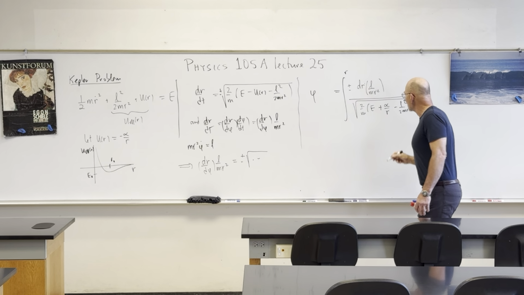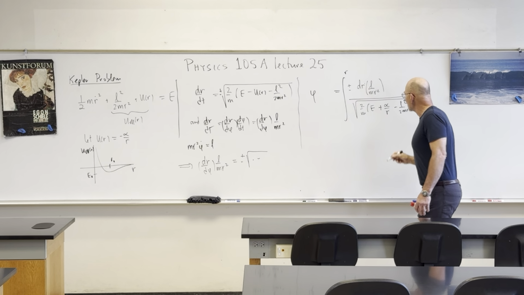So what we're going to do is the following. We're going to let u, because we're substituting in lowercase u, equal 1 over r. du equals minus 1 over r squared dr. So you see, that's going to change things up immediately.